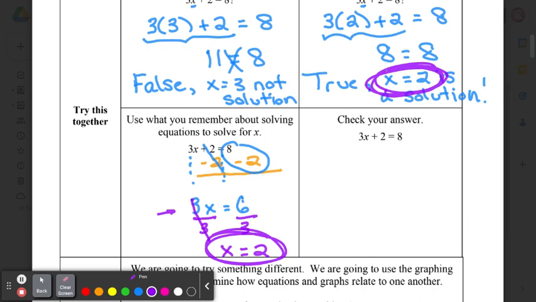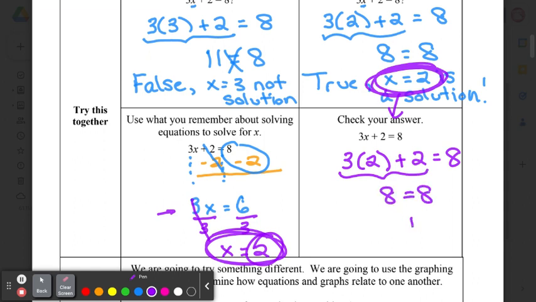We knew that was a solution. So checking our answer is the same thing. You plug your possible answer 2 in here, and then you evaluate it. 8 equals 8. True. I'm just going to do a T. So this right here is a check.